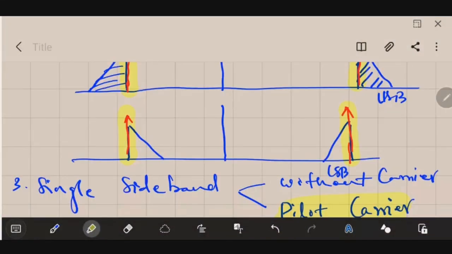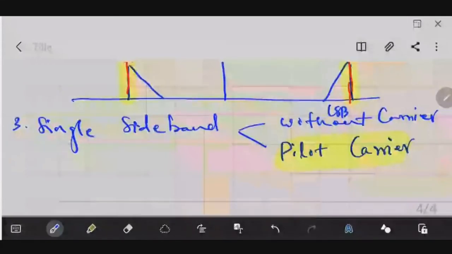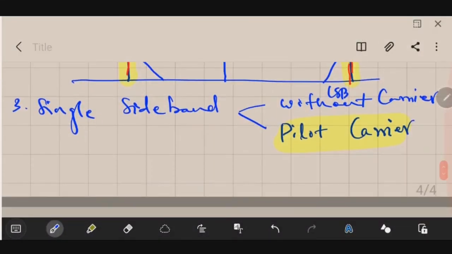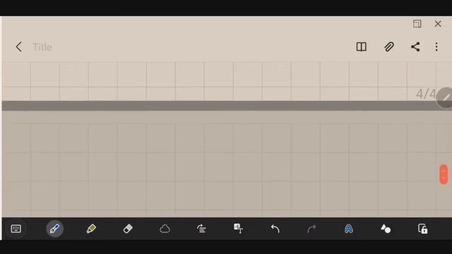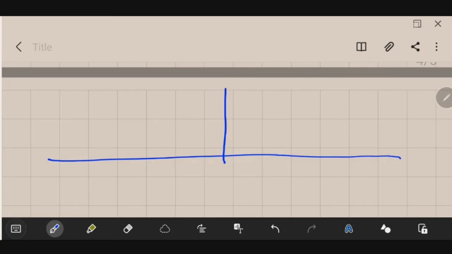Then there is the fourth type of amplitude modulation, which is called the vestigial sideband. Normally, if you try to generate this SSB signal, it is quite complicated, unless your modulating signal has the characteristics required for generating SSB.